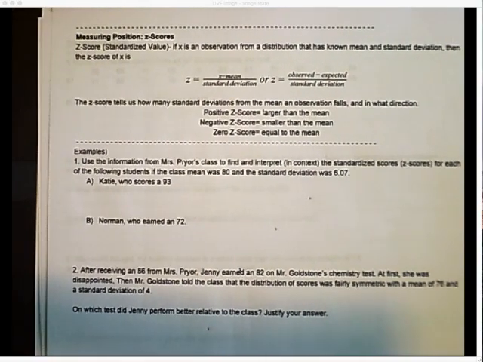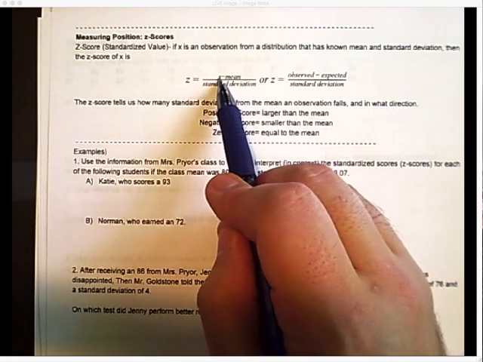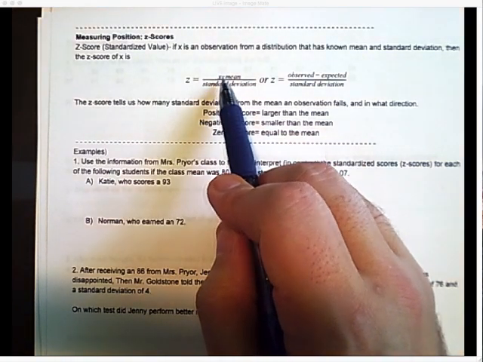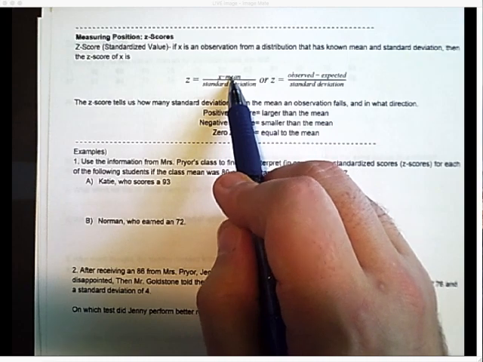All right, now we're going to move into talking about z-scores. Okay, so a z-score is a standardized value, a way to compare two people that are in maybe different classes or different distributions. All right. So here's how we're going to find it. To find a z-score, you take the person's actual score minus the mean of that distribution and divide it by the standard deviation.